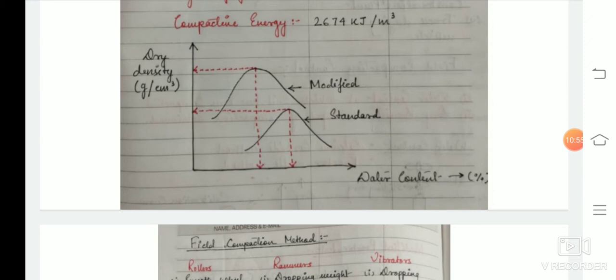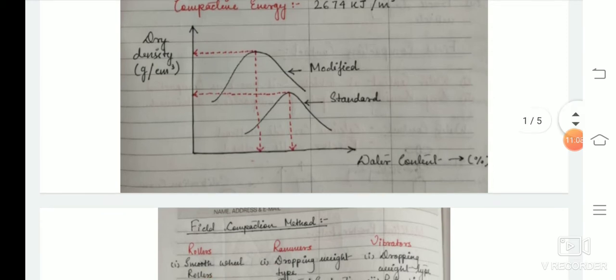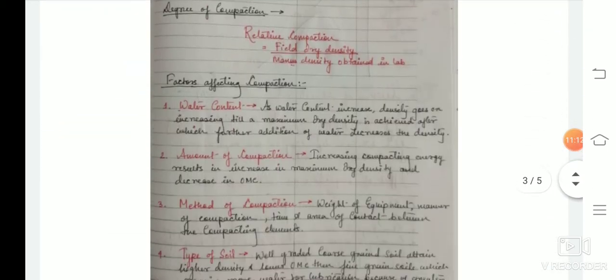This maximum dry density is achieved at a particular water content, which is known as the optimum moisture content. After achieving this optimum moisture content, if we increase the amount of water, the density will go on decreasing. Hence this curve is obtained.